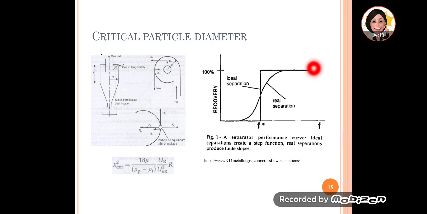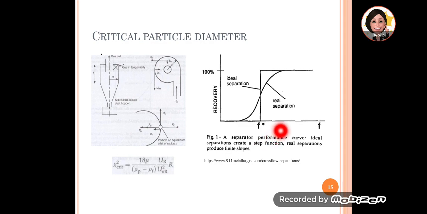But that is not the case in a real situation. In a real situation, there are always particles which are slightly smaller than the critical size, as well as particles that are bigger than the critical size. So in a real separation process, the curve is an S-curve.